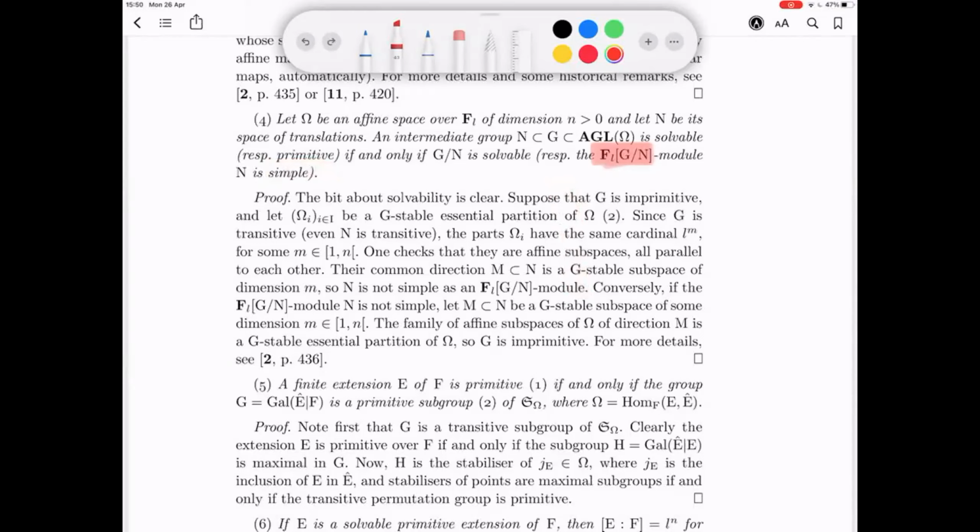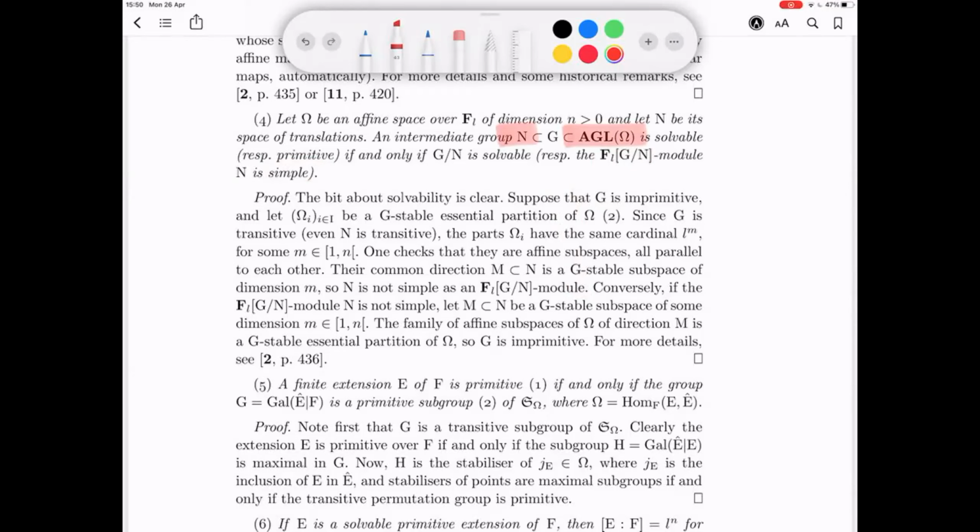Okay, so that is something that you just need to check, that n is normal in AGL omega. That's your question, why is n normal in AGL omega? That is something that you just need to check.